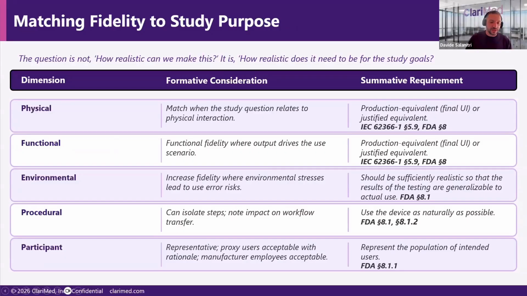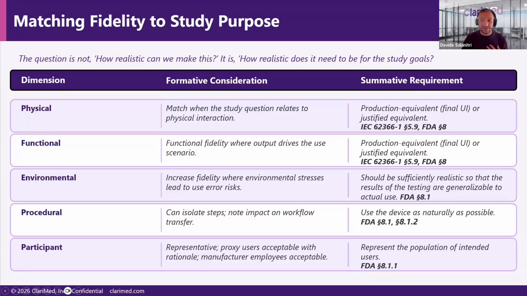I think the main thing, and I would really want to have a chance to keep answering questions, is one important part of these 5 dimensions that I want to say: usually the last one, the participants, is the one that we are less flexible on. Well, as Denise said, you wouldn't get someone that is completely out of your user group because the data you're going to get is not actually valid.